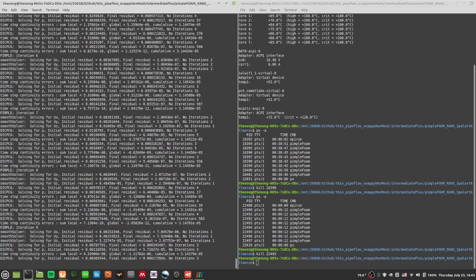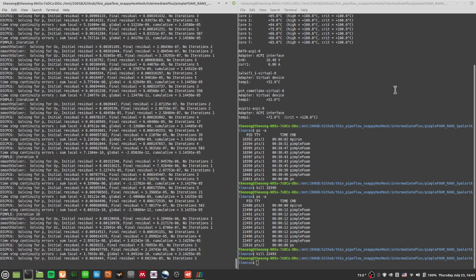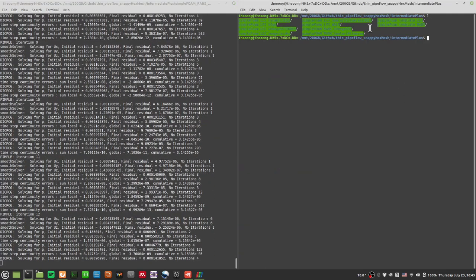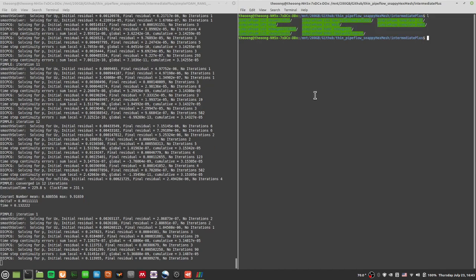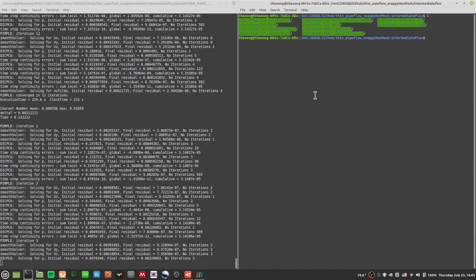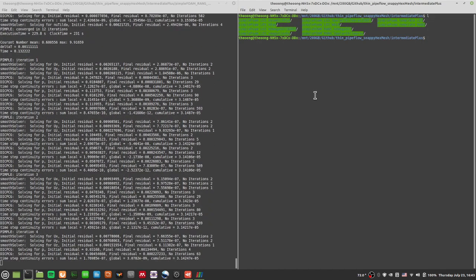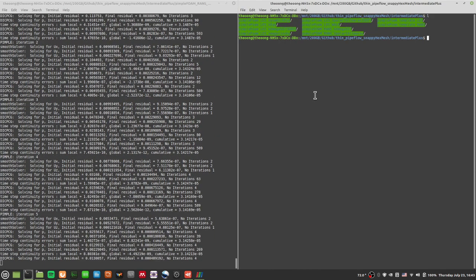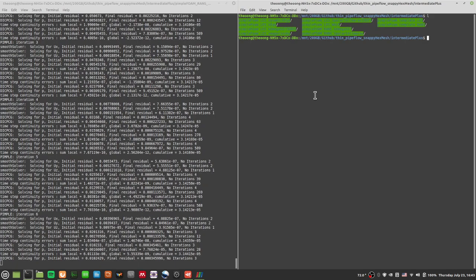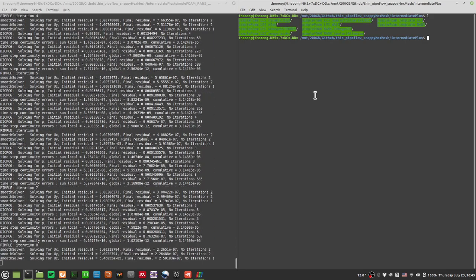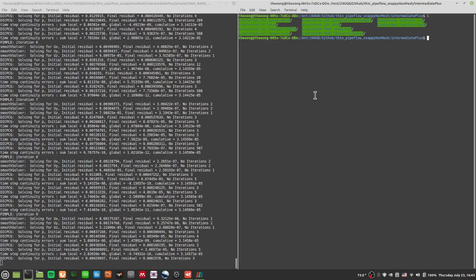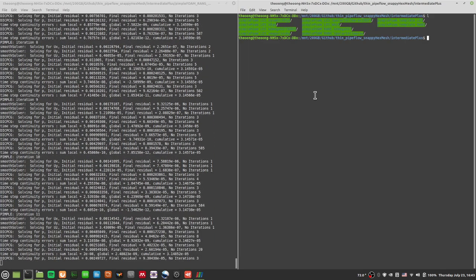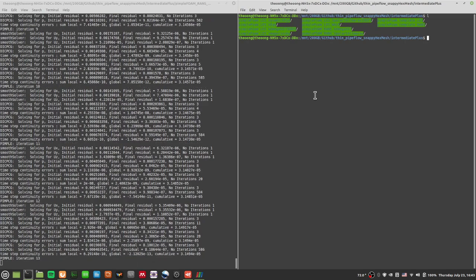In fact, most of the stuff I have in this repository, some of these simulations will not be stable. So do go and practice this skill on some of them to try and get it stable. Adjust the relaxation factors, adjust the time step, or adjust the maximum Courant number.